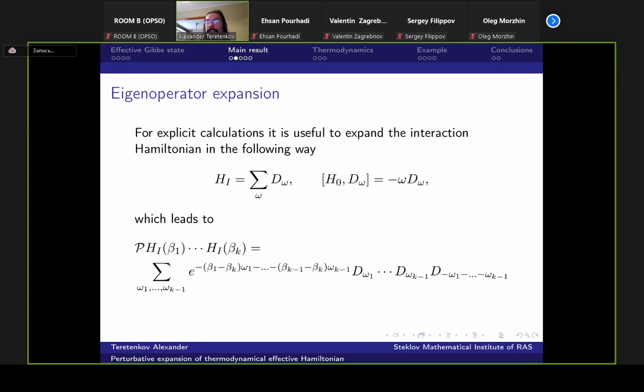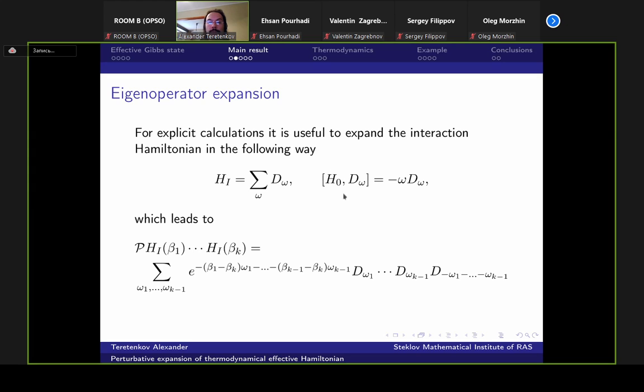Just as usually done when we derive a quantum master equation, it is easier and better for explicit calculations to represent the interaction Hamiltonian as a sum of eigen operators for the super operator of commutator with H0.